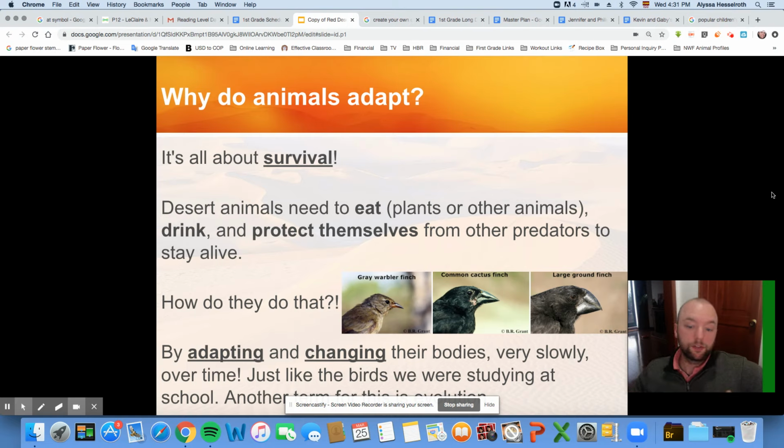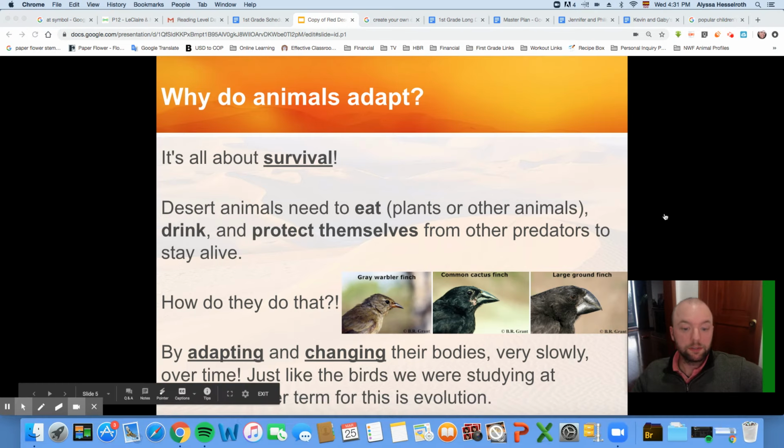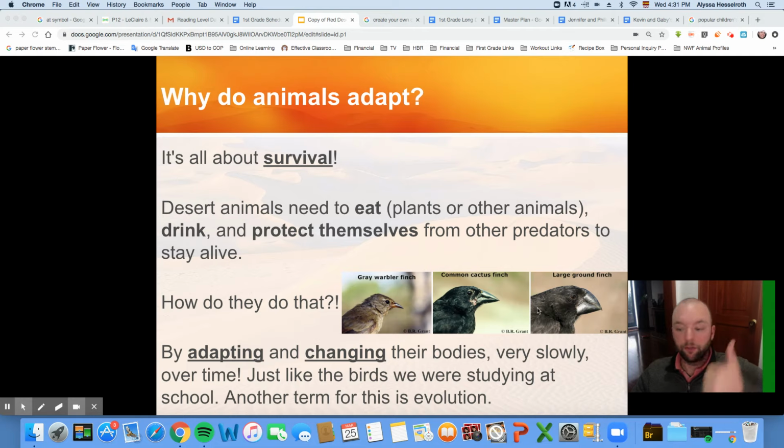Another term for this is evolution. Okay. So for example here, if we look at the gray warbler finch, this beak is very small. It's the same type of bird, but their beak has changed, or adapted, or evolved depending on the food that it eats and where it lives.